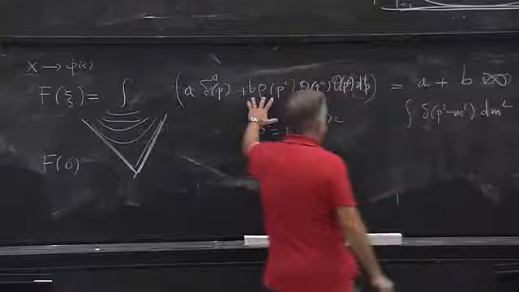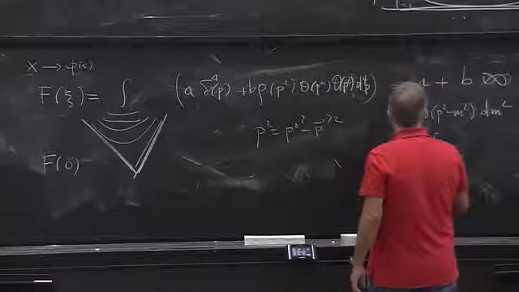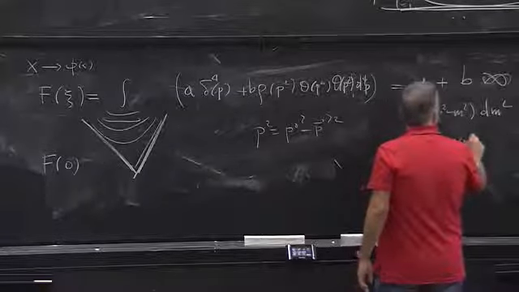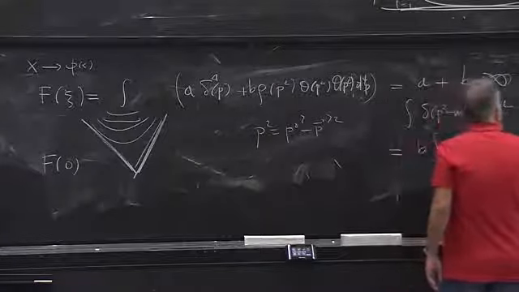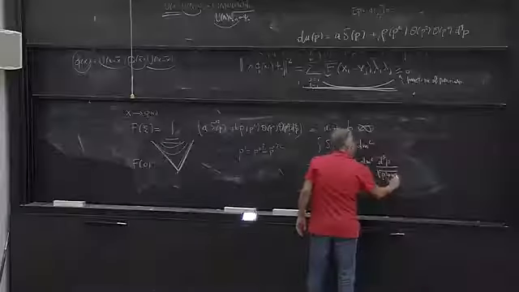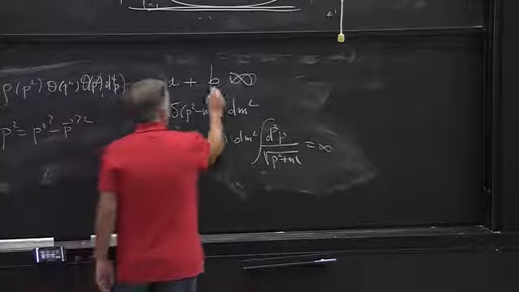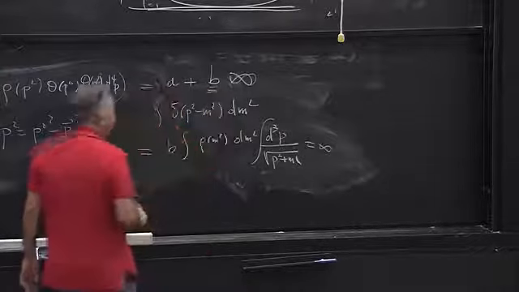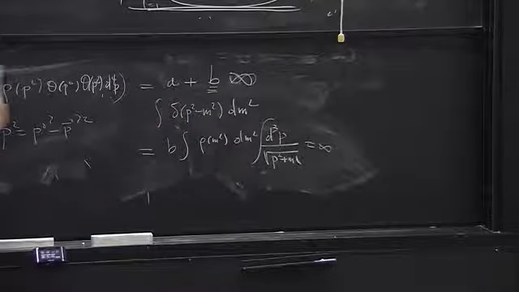And you see that this integral equals b times the integral rho of m squared dm squared d3p over p squared plus m squared. And you see that this integral diverges, unless you choose b equals 0. But if you choose b equals 0, your field is just trivial.